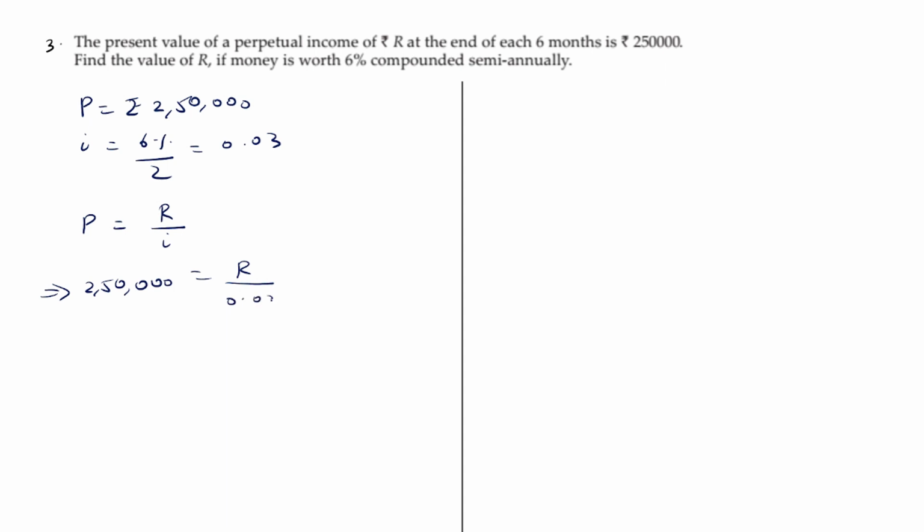I is 0.03. So from this we get R is equal to 2,50,000 into 0.03. 2 zeros will go, decimal point will go. So here we get 7,500. Therefore, R is equal to rupees 7,500.